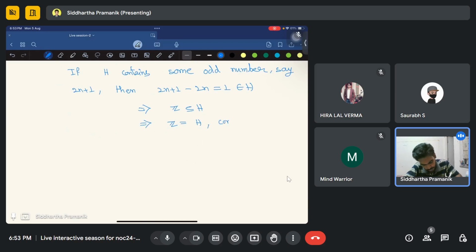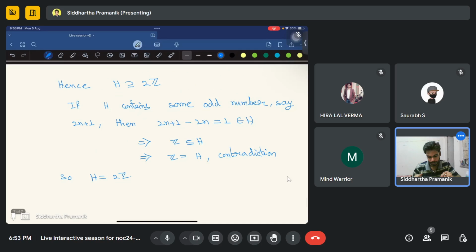Because we have taken H as a proper subset. So H must be equal to 2Z. Did you get the point?